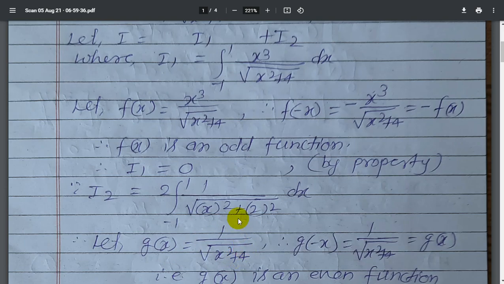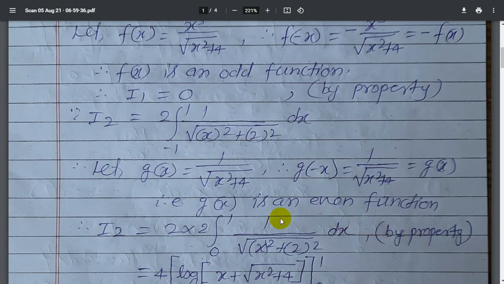Therefore, g of minus x equals 1 upon square root of x square plus 4 will be same. So g of minus x equal to g of x because square of minus x is x square. So both the terms are same.